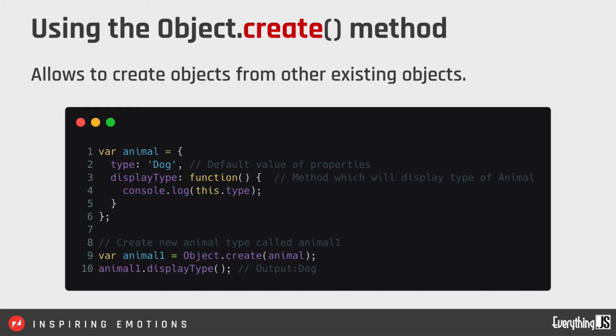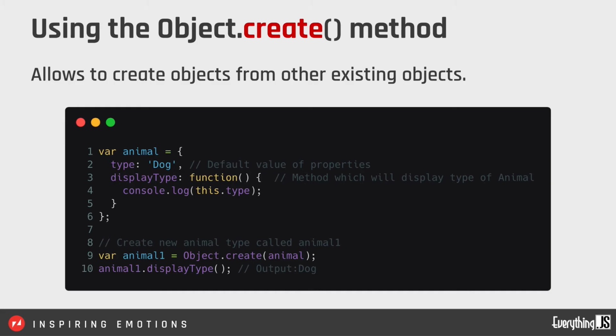with the this keyword. So likewise, in object literals, you can have functions as well, but if you directly call animal.displayType, it will log undefined. The reason is this particular object literal doesn't have displayType within its prototype, and it doesn't have a reference to this keyword.